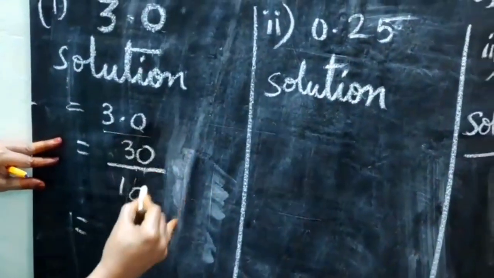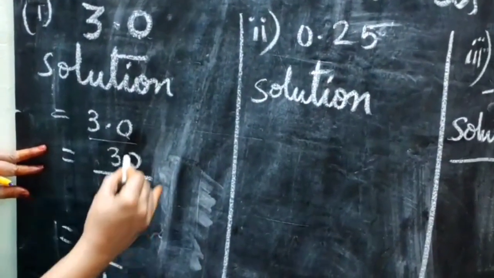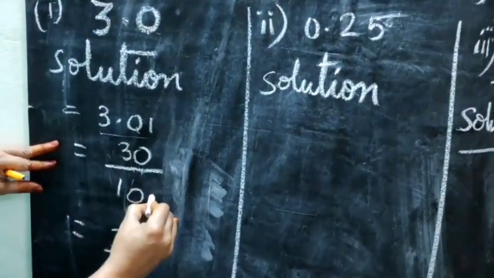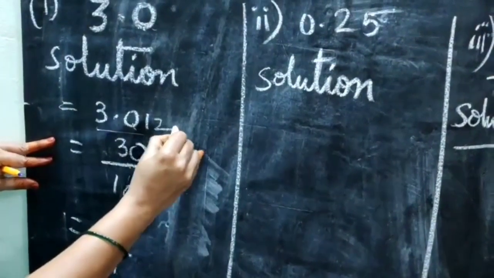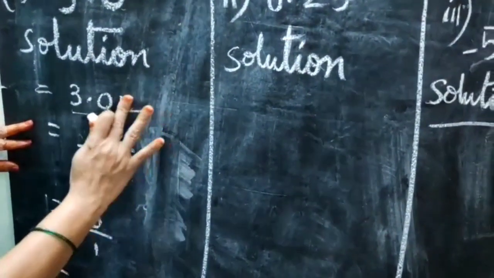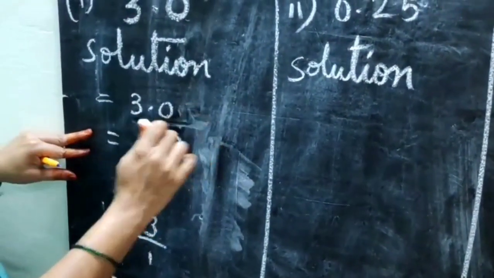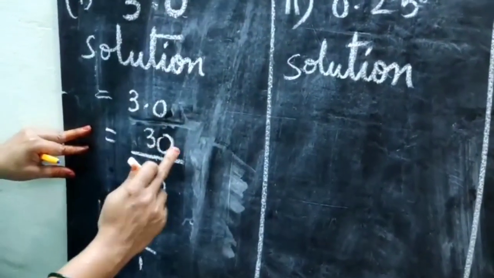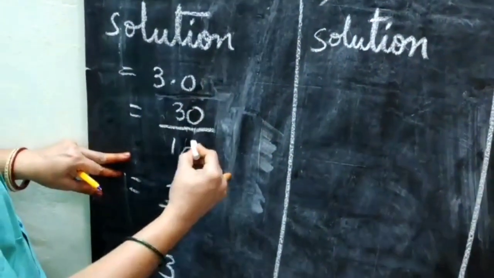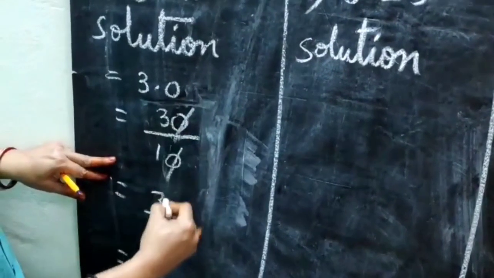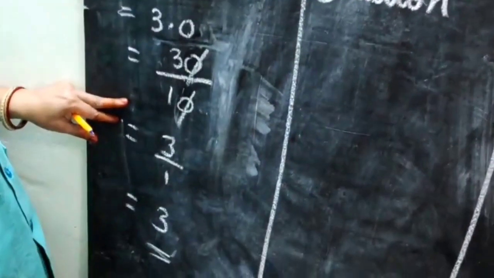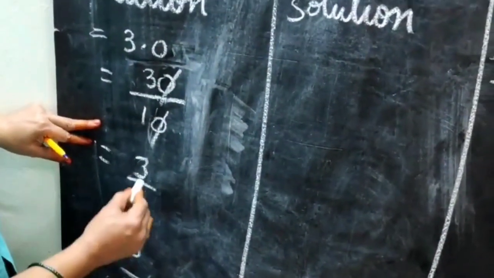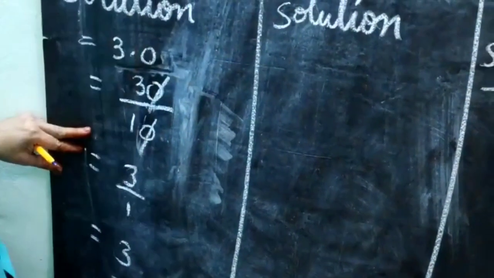Point after one number, you write divided by 10. Two numbers, you write 100. Another one, you write 1000. So the question is 3.0, 30 by 10. Strike out the 0s: 3 by 1, the answer is 3. 3 is a rational number. 3 by 1 is a fraction, and a fraction is called a rational.